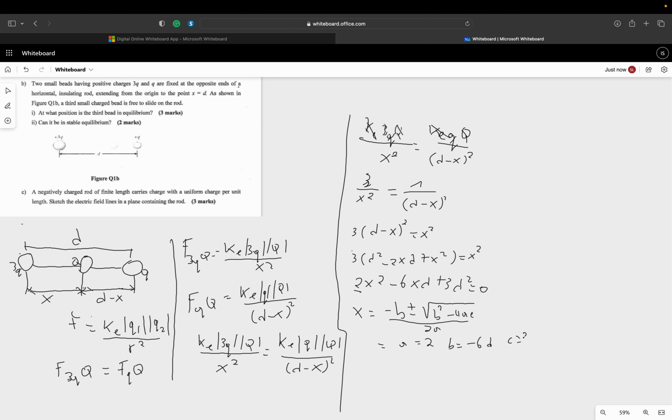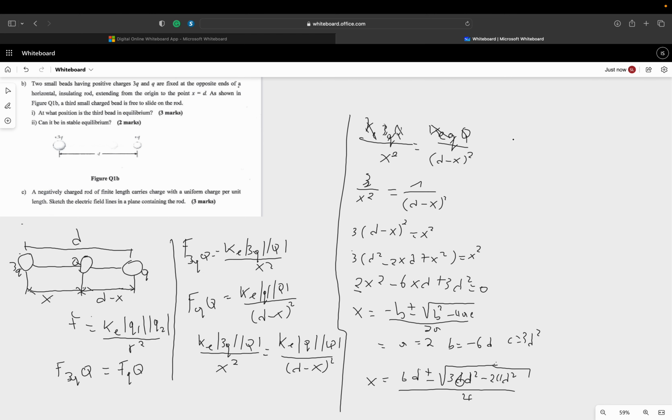Now when you substitute everything, you have x equals 6d plus or minus the square root of 36d squared minus 24d squared, all over 4.